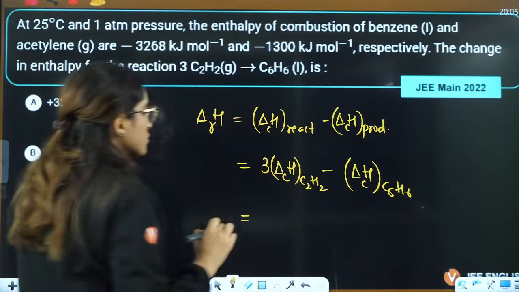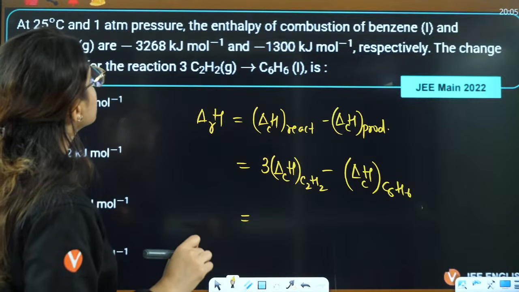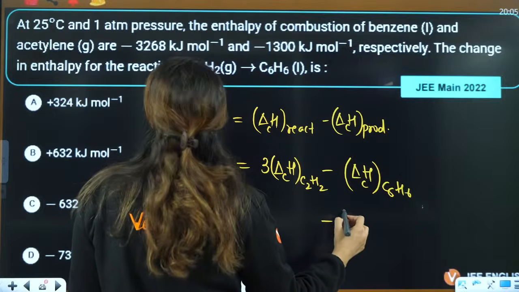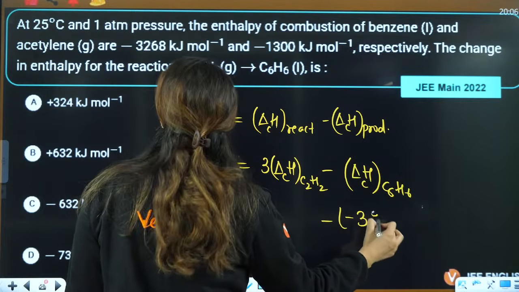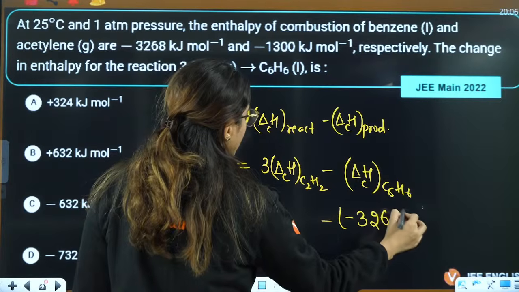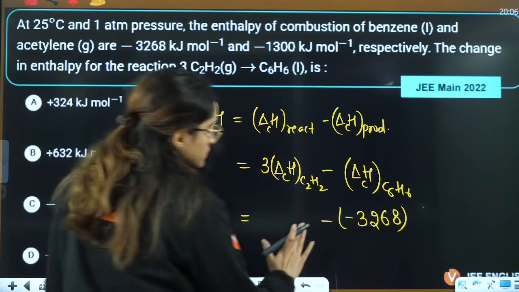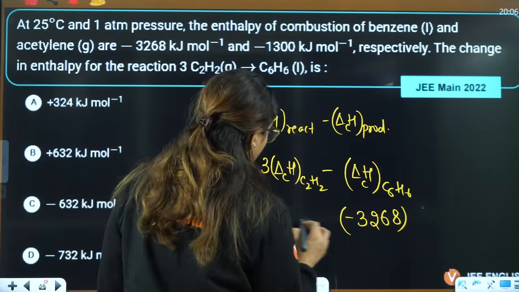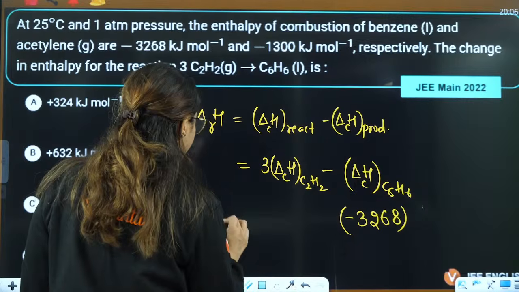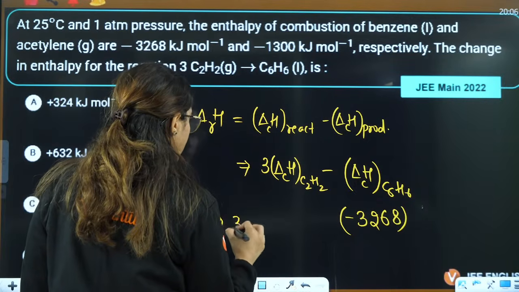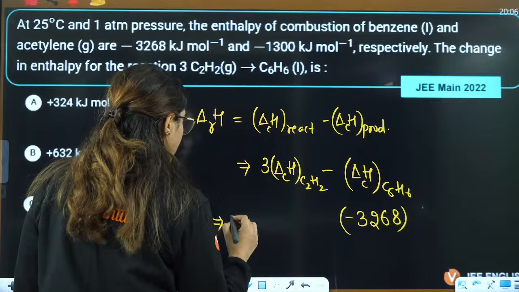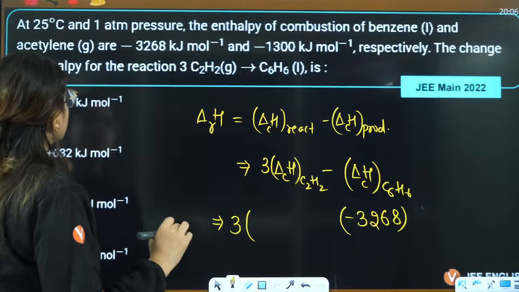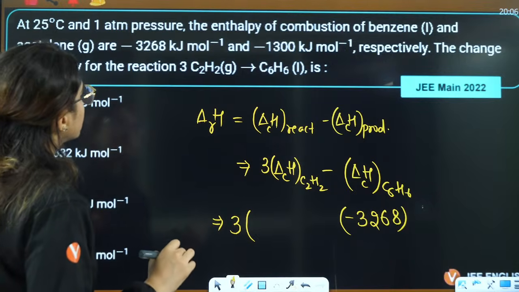Combustion of benzene is minus 3268. This is 3 into, what is C2H2?